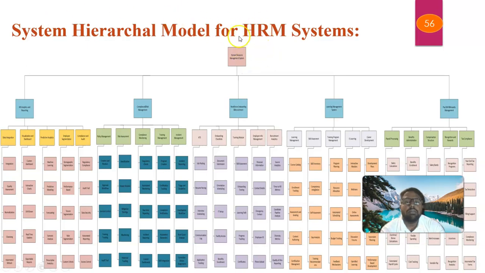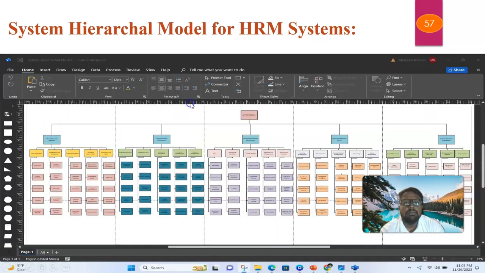The human resource management system is divided into different systems like HR, analytical and reporting systems, compliance and risk management, onboarding and recruitment, learning management system, and rewards and management, which are further divided into sub-functions. And this is the screenshot of the hierarchical model for the HR management system using the Visio tool.